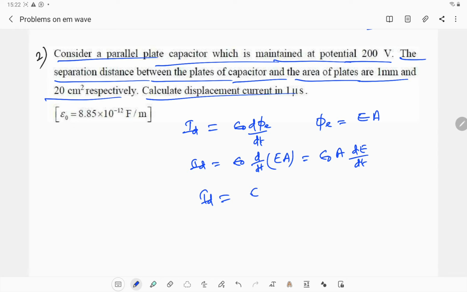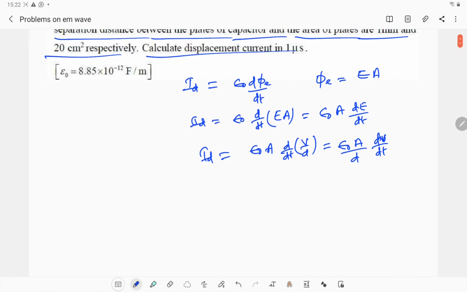Therefore, I_D is equal to epsilon naught into A into d by dt of the electric field E, which is equal to potential difference by distance. This becomes epsilon naught into A into d by dt of V by d, where d is constant. This becomes dV by dt.